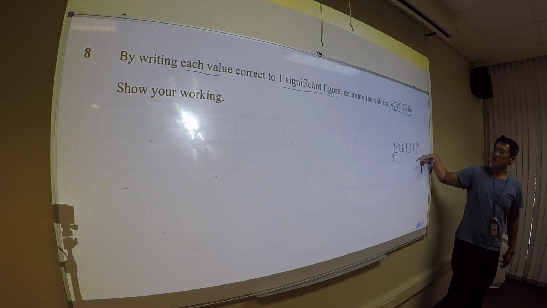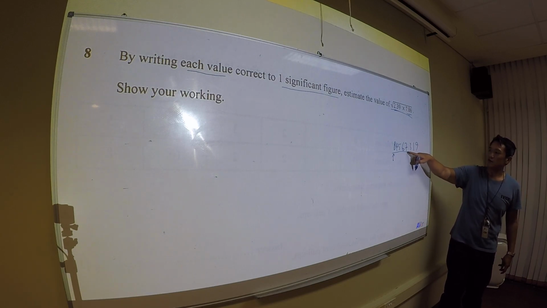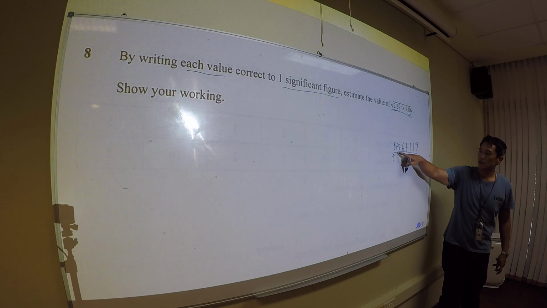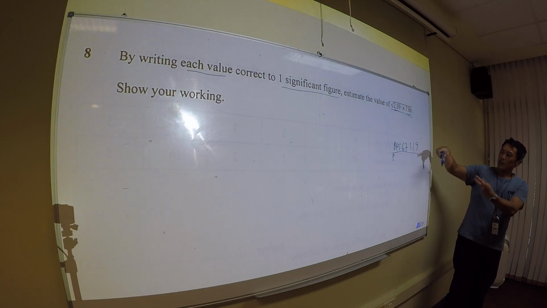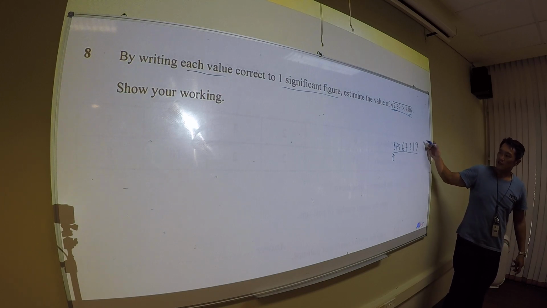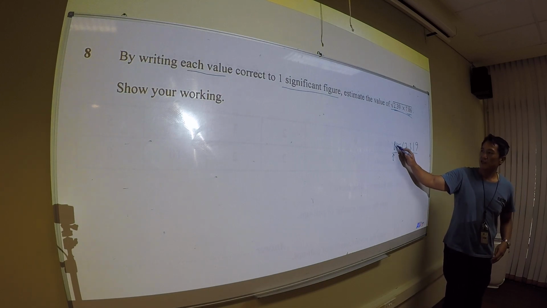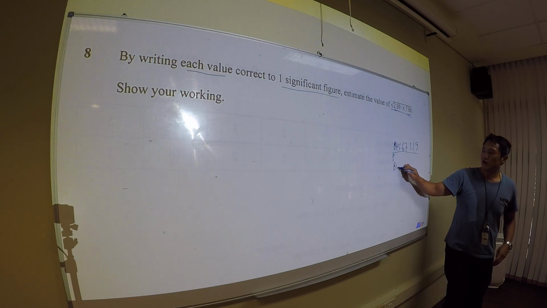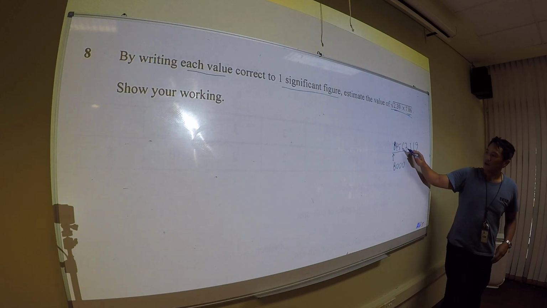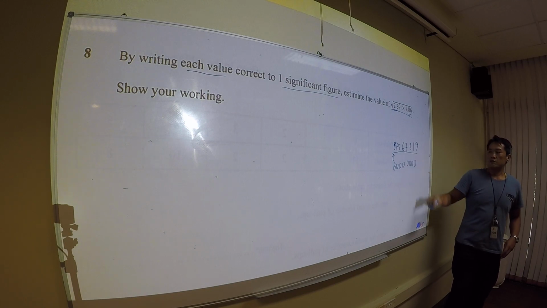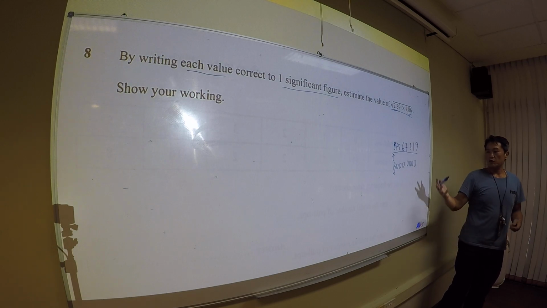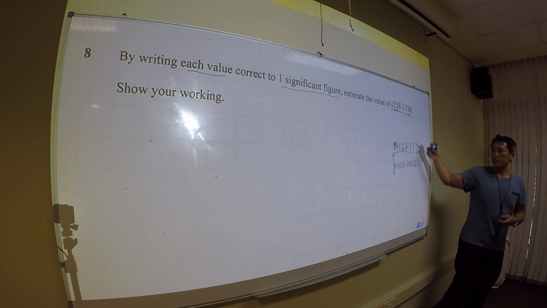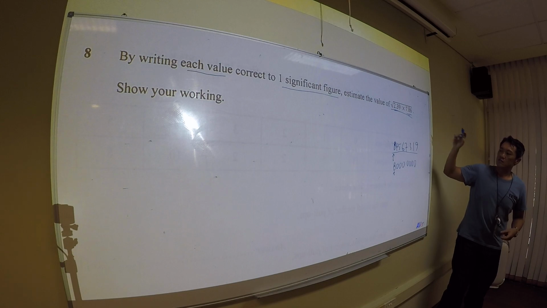Because this string of numbers is 1, 10, 100, 1,000, 10,000, 100,000, million, 84 million. The most important digit here is to the left. It is roughly 80 million. This digit is the most significant out of all the digits.